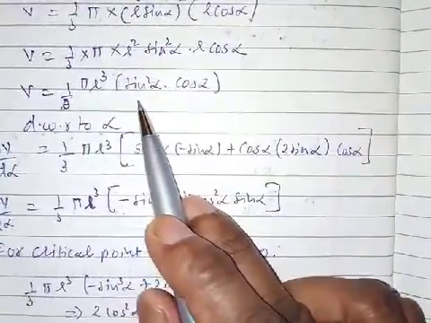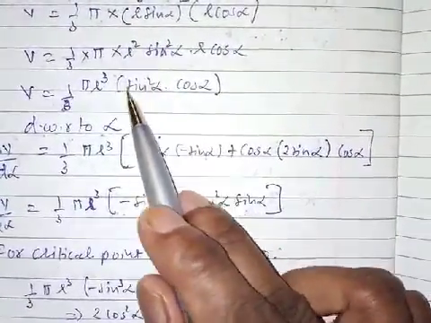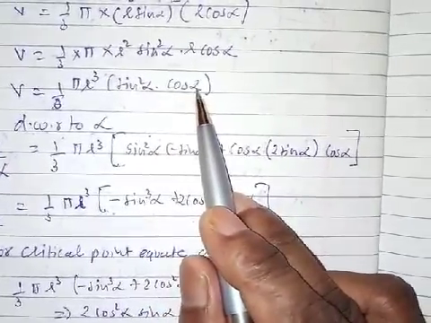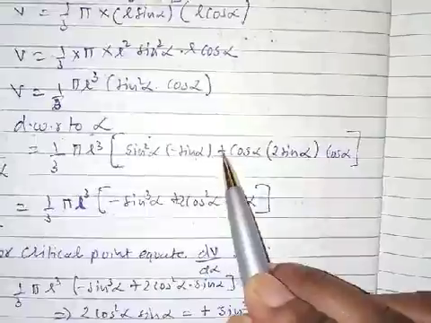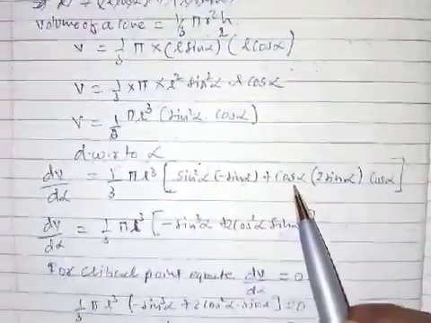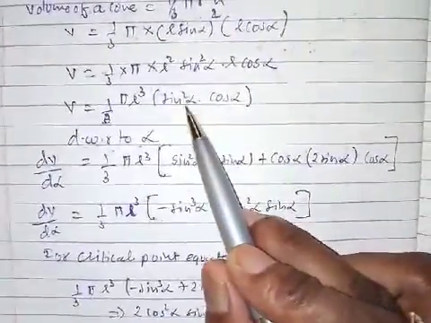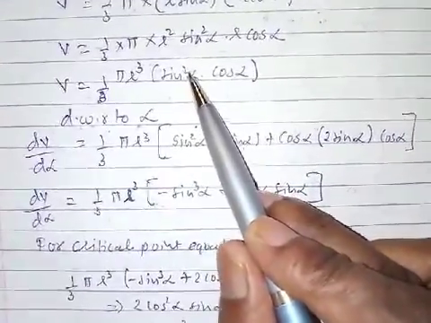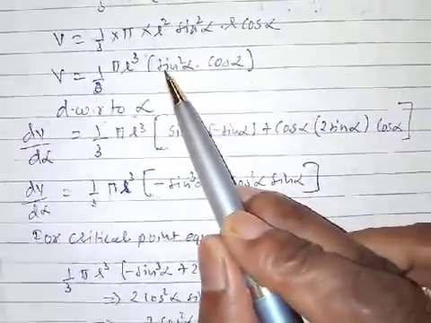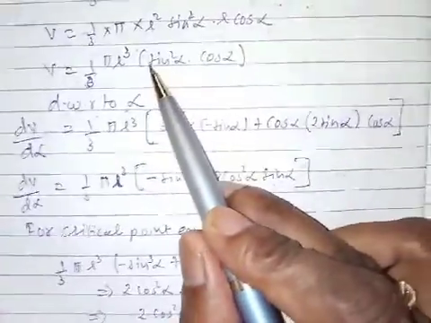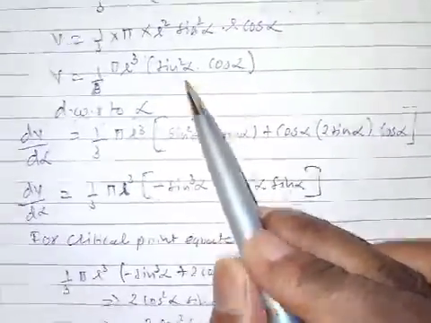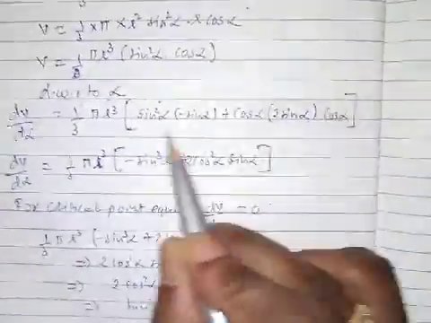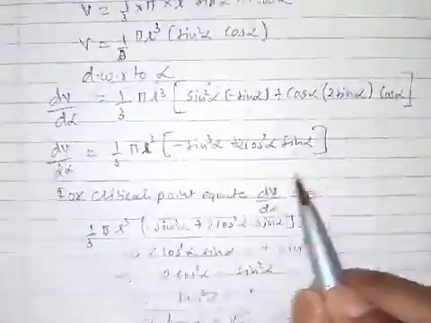Using the product rule, keep sine square alpha as a constant and take the derivative of cos, which gives minus sine alpha; then keep cos alpha as a constant and take the derivative of sine square, which is 2 sine alpha cos alpha. If you simplify it, you will get this.